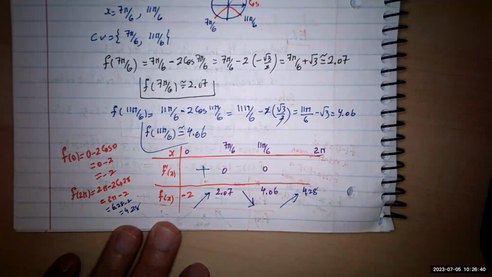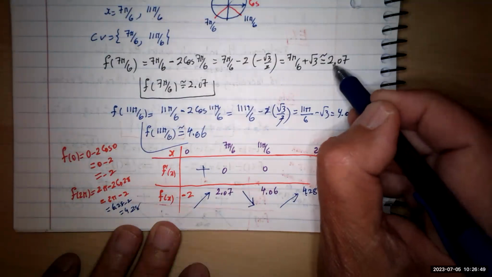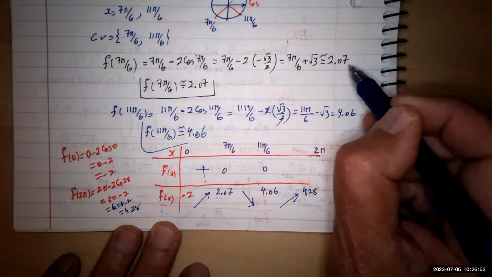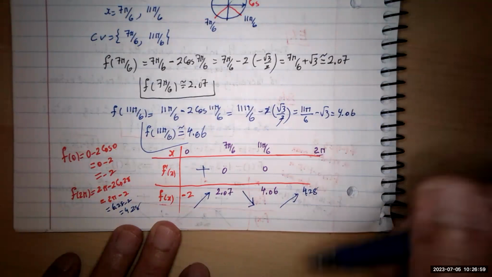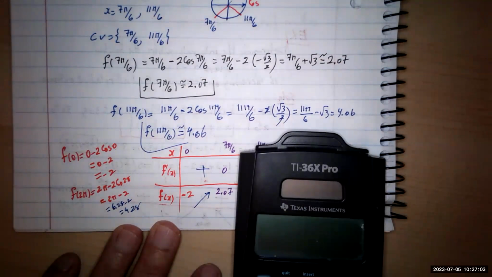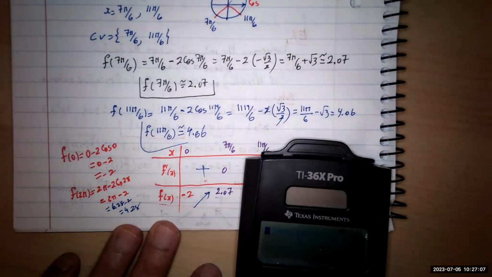On the 7π/6 plus square root 3, I got a different value. Very good. Excellent. What's your number here? It was around 5, I believe, but it could be wrong. Yes, you are right. It must be 5. Let's check it again, because I know that this must go down.